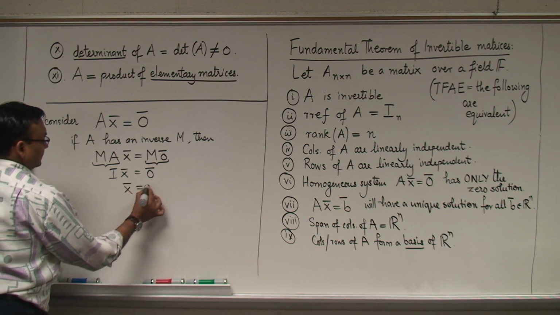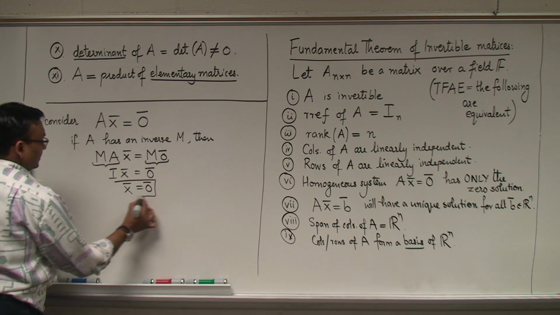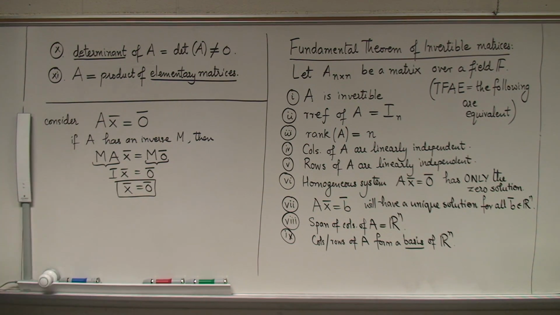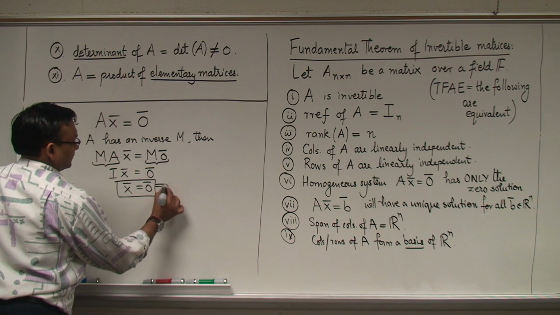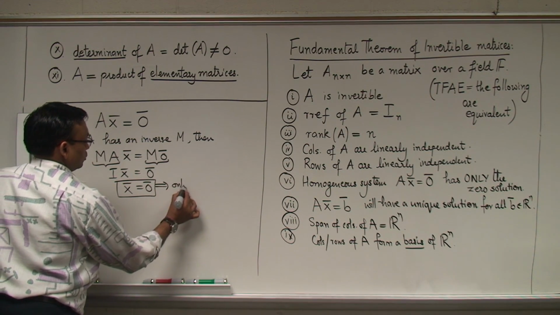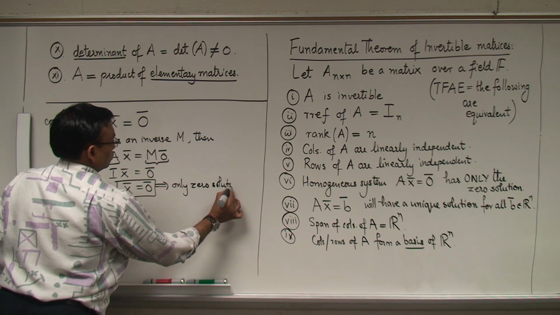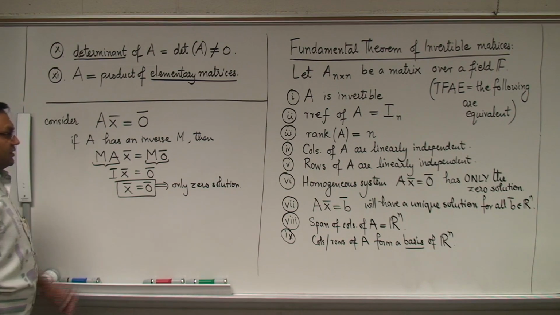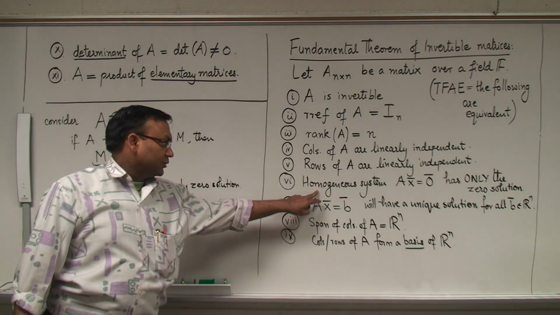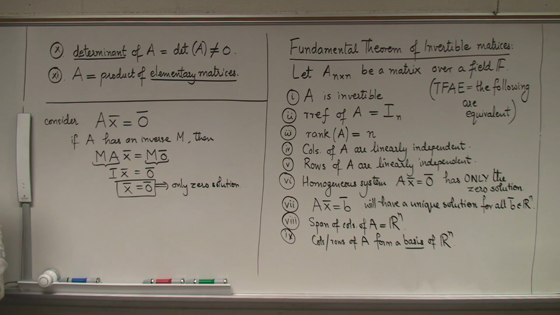Identity times the x vector is 0. So this tells me that the homogeneous system will have only one solution, namely the 0 solution. In some sense, this is another corroboration of this fact that the homogeneous system has only the 0 solution.